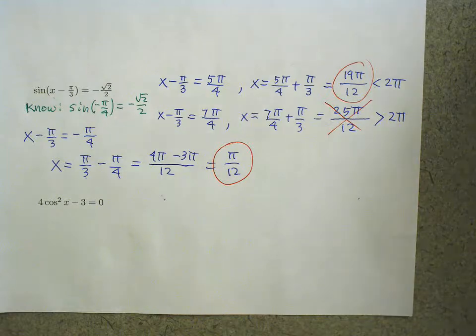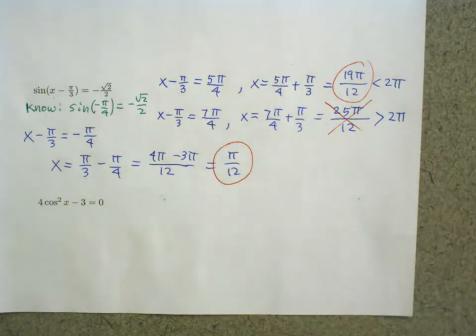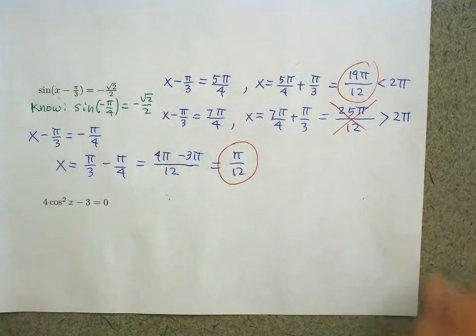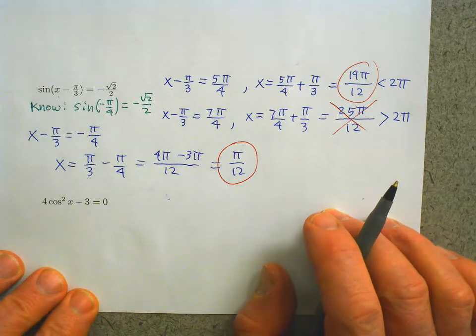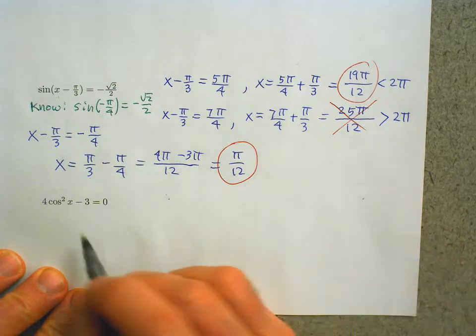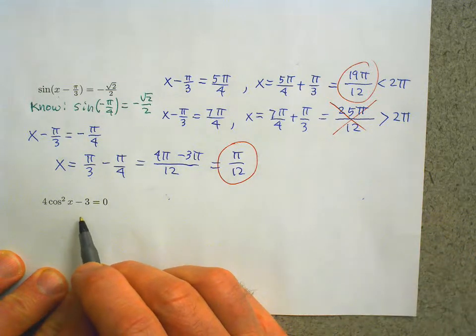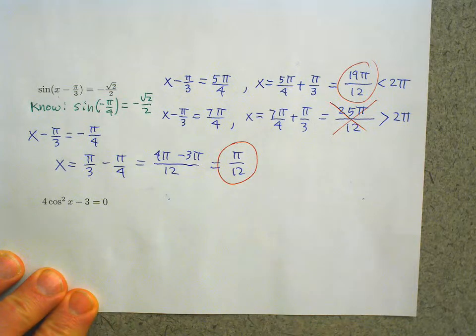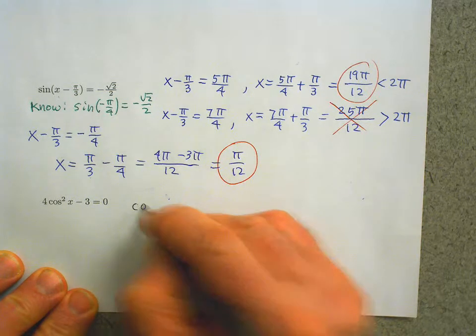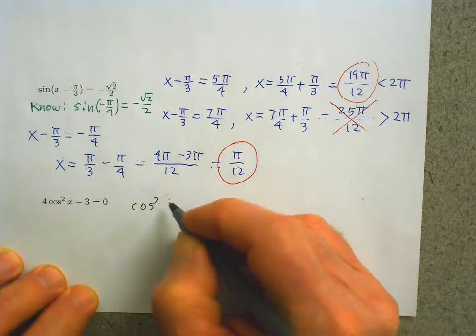Okay, the next problem, next equation, 4 times cosine of x squared minus 3 equals 0. So what we can do, we can add 3 and divide both sides by 4, and then apply the square root property.